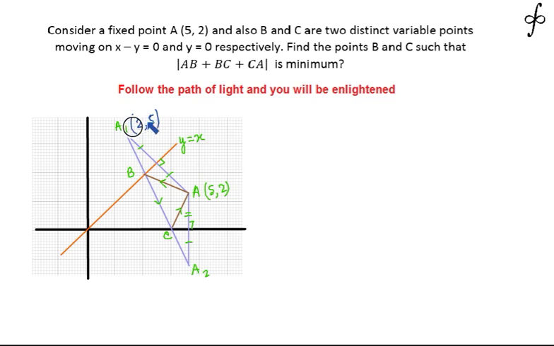The coordinates just get swapped. And (5, 2) will have an image A2 about the x-axis, which is going to be (5, minus 2). So A1 is the image about y equal to x, and A2 is the image of the point A about the x-axis.